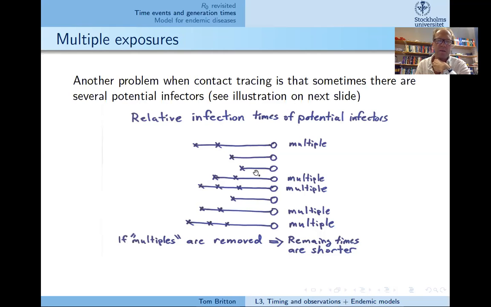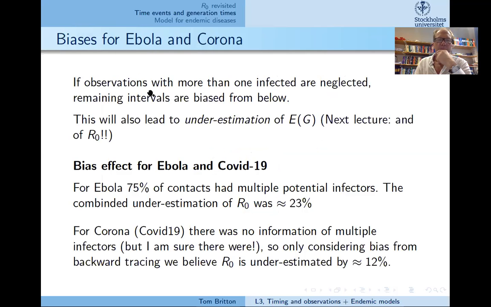The reason for this is that if you have a very long time between infection and onset of symptoms, it's more likely that you will have met another person having COVID-19 symptoms than if you had a short time to onset of symptoms. So if you throw away the ones with multiple, the remaining intervals will be biased from below, and this will imply that here too you will underestimate the mean generation time.